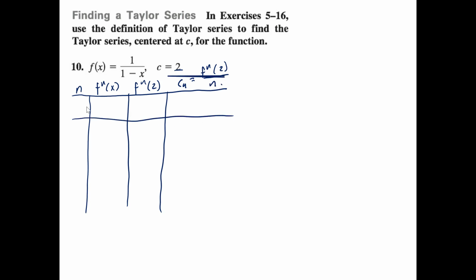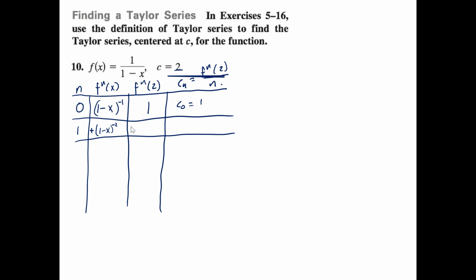And so again, when n is 0, then it's just the original function, which, to make it easier to differentiate, we are going to write as 1 minus x raised to the negative 1. When you evaluate this at 2, the inside becomes negative 1, and negative 1 to the negative 1 power is negative 1. And so then your C naught is negative 1. And so then when n is 1, you bring down the exponent, negative 1, times 1 minus x, take 1 away from the exponent, negative 2, times the derivative of the inside, but the derivative of the inside is negative 1.